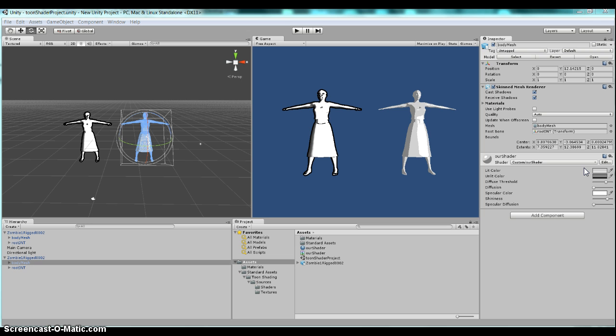Usually black is used for the outline, but other colors can be used. In our shader though, we have chosen not to use the outline and to focus on the gradients of the colors.